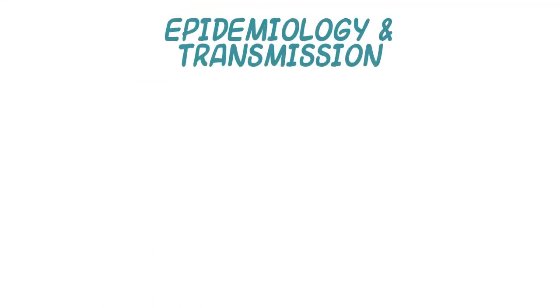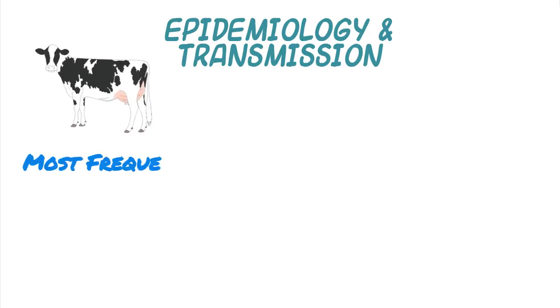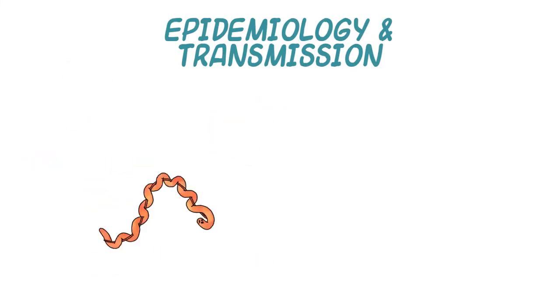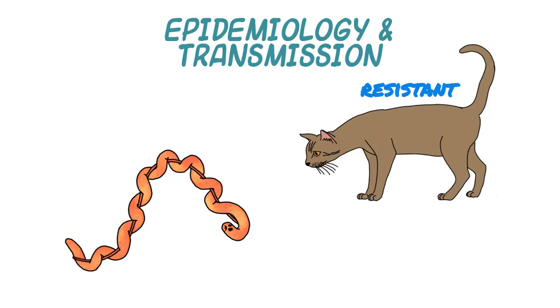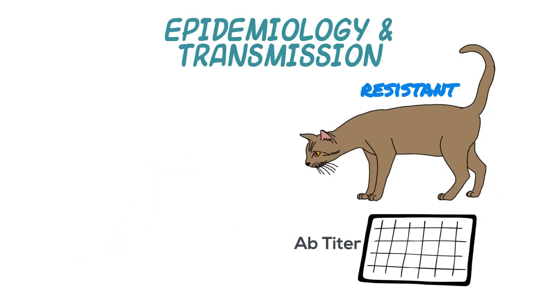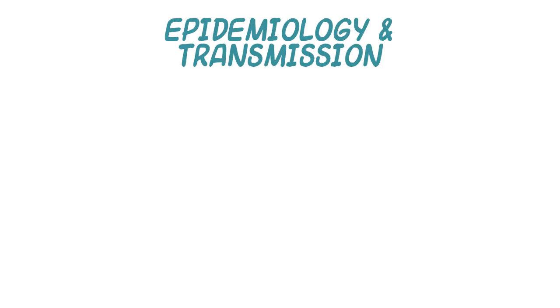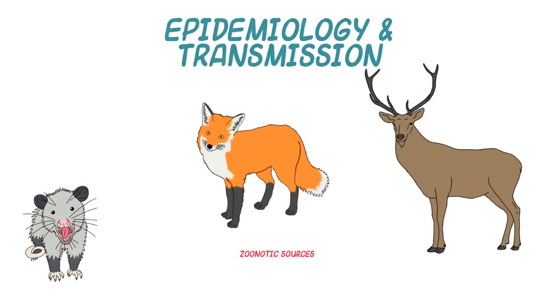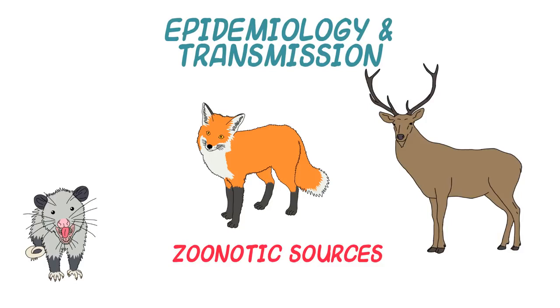Pathogenic leptospirosis can occur in all mammals, but some species are more resistant. It is most frequently seen in cattle, swine, dogs, and horses. Cats seem to be resistant to disease, but do show antibody titers against it after exposure. Leptospirosis can occur in wildlife, and concern exists that they are a zoonotic source of infection for domestic animals or people.